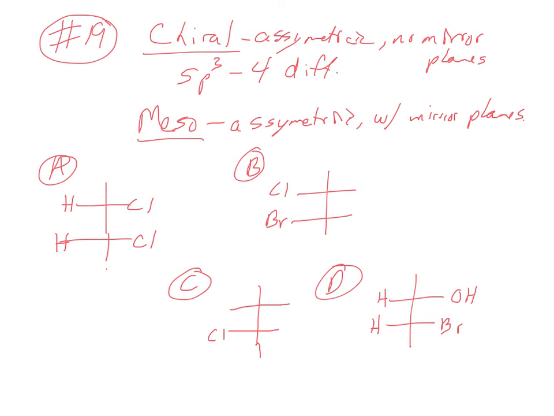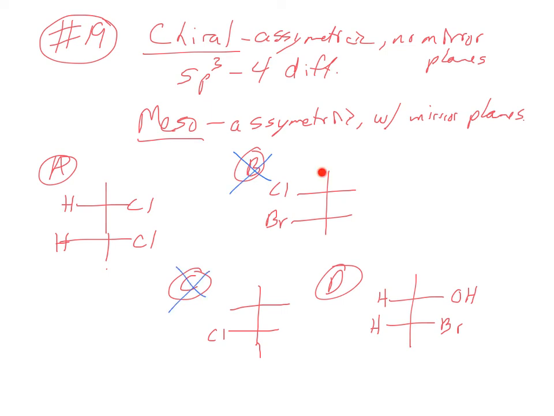Molecules are chiral, molecules are meso. Asymmetric centers are like that carbon. So which of these can we eliminate that does not even have asymmetric centers, an sp3 hybridized carbon with 4 different things bonded to it? Which one? B and C, right?